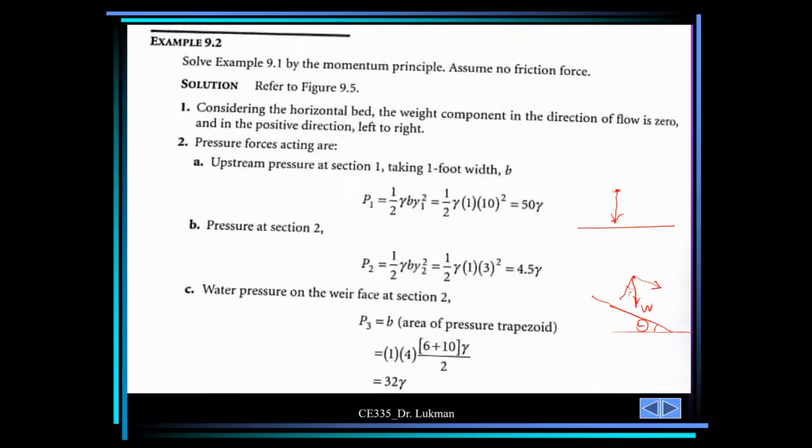Because this is angle theta, this will be W sin theta, and this will be W cos theta. If theta is 0, then the weight will only be vertical, with no component in the direction of flow. So this is what the first statement is implying.